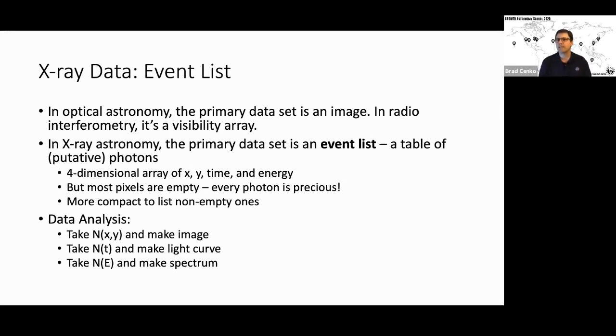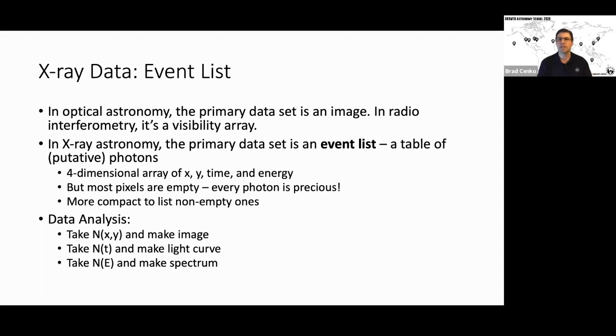And so data analysis in X-ray astronomy really boils down to three things. You can slice up this event list in different ways to get different data products, all from the same data set. If you want to make an image, you take the event list and say, over some period of time, over some energy range, show me in a two-dimensional XY frame where all these photons hit the sky. If you want to make a light curve, you can say, I know where my source is on the sky, I know X and Y, I know the bandpass I want to look at, show me what the time evolution of this source looks like.